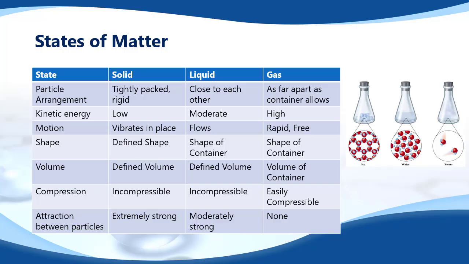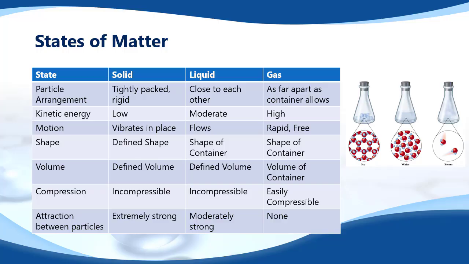In a liquid, the molecules are kind of close, right? Not as close as they are in a solid, but still fairly close. The fact that they're not as close together gives them a little bit more kinetic energy, so they can move a little bit more, which is why liquids flow. Liquids take the shape of their container, but they still have a defined volume, right?